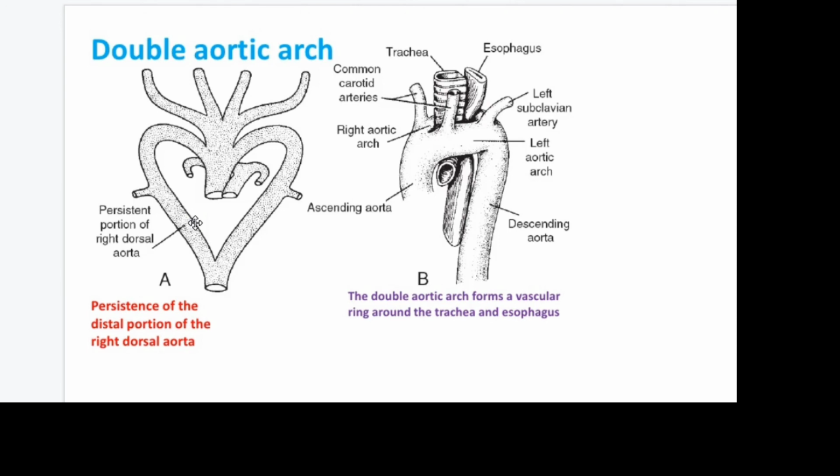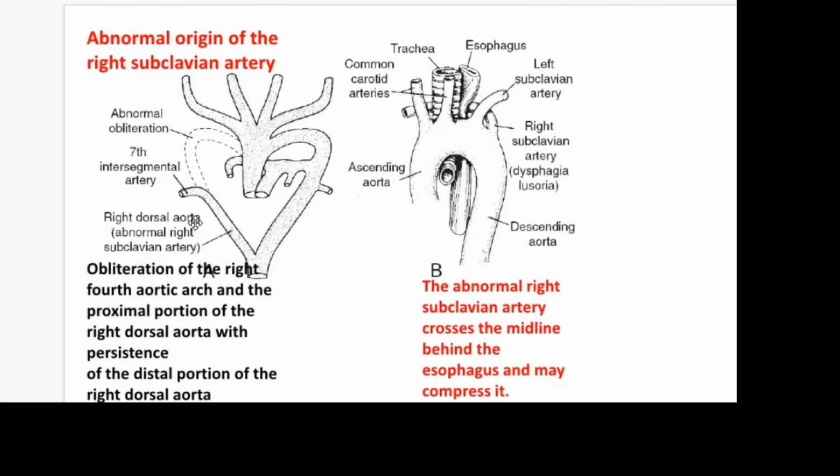Abnormal origin of the right subclavian artery: that is obliteration of the right fourth aortic arch and the proximal portion of the right dorsal aorta, with persistence of the distal portion of the right dorsal aorta.